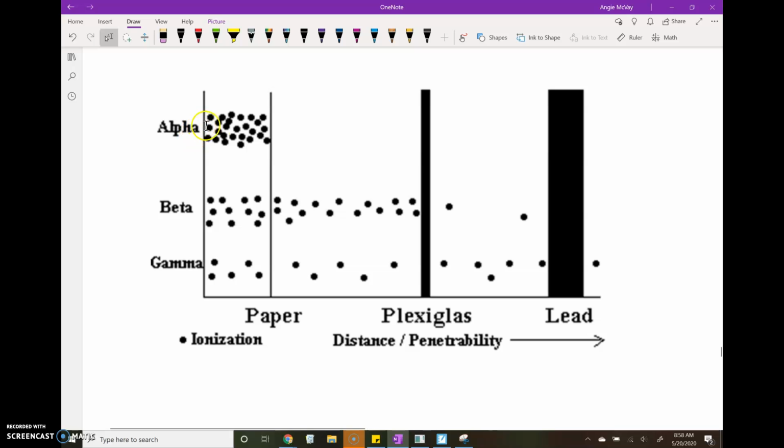So alpha particles can be stopped by paper. Remember, they can also be stopped by skin. Beta particles can be stopped by plexiglass, also fabric, remember. And then gamma rays, they're just kind of slowed down by stuff. Most of them don't get through lead.